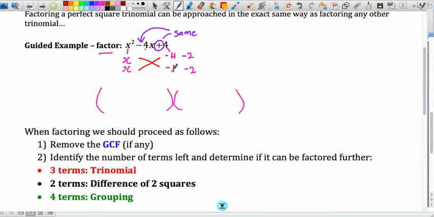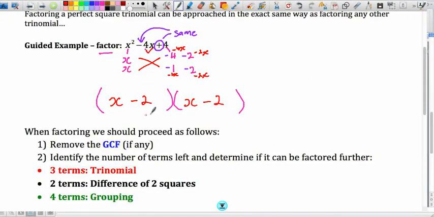So here we have minus 1x, and here if we do x times minus 4, we have minus 4x, and minus 4x minus 1x does not give us minus 4x, so we know those factors aren't going to work. We test the second set. X times minus 2 is minus 2x, x times minus 2 is minus 2x, and if we were to add those two, we would in fact get our minus 4x, and so we know that our solution should be x minus 2 multiplied by x minus 2.